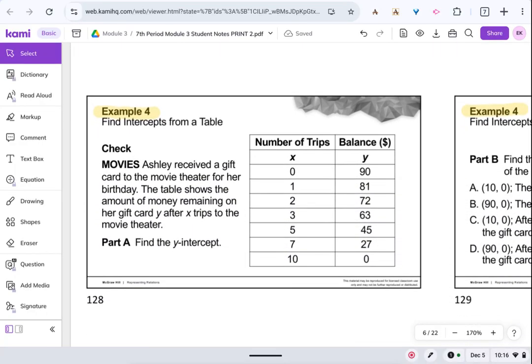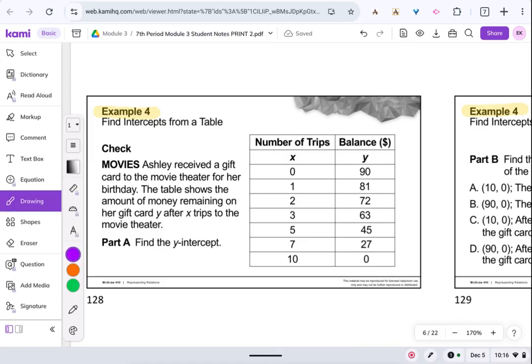Same type of question. Okay, so this is talking about receiving a gift card to a movie theater. The table shows the amount of money remaining on the gift card after x trips to the movie theater. Okay, so here are the number of trips, how many times we've gone to the movie theater, and then the balance, how much is left on her gift card.